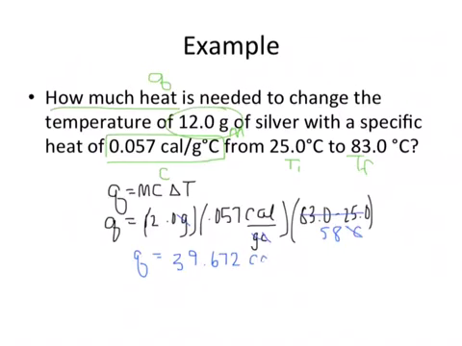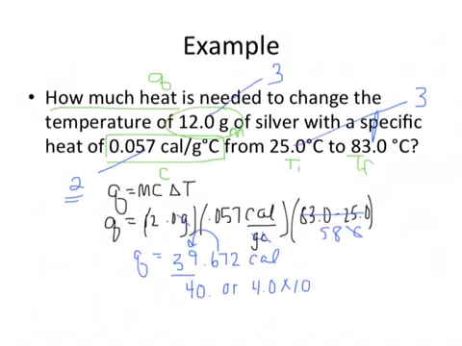39.672 calories. We have 3 sig figs here, we only have 2 sig figs here, and both of our temperature values have 3 sig figs. 2 is the smallest number, so that would be 39. The 6 is going to cause that to change up, so it's really 40, or 4.0 times 10 to the first calories.